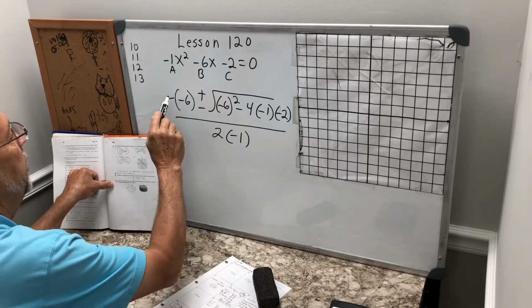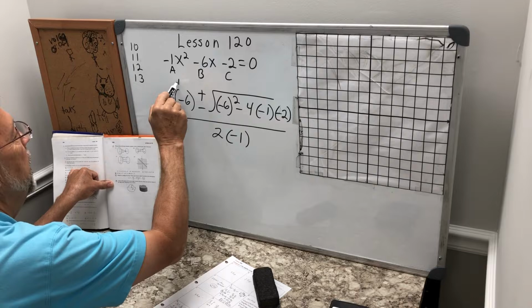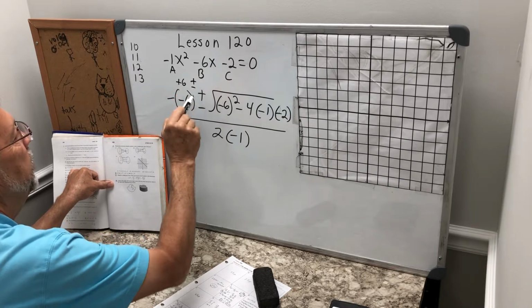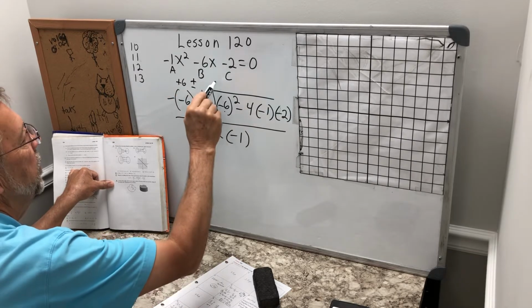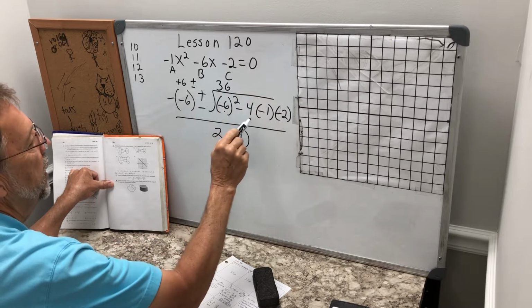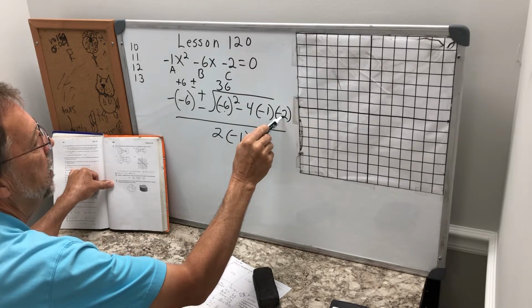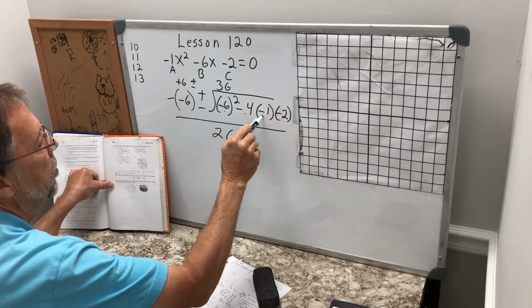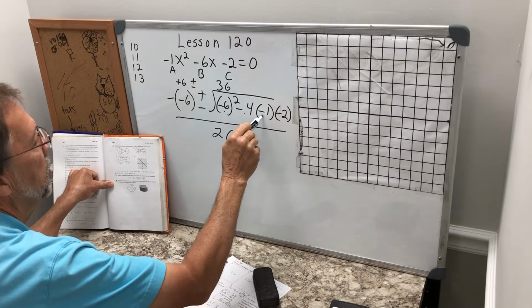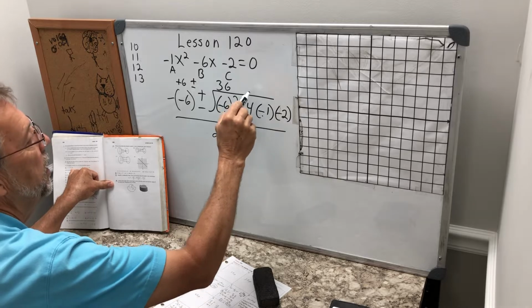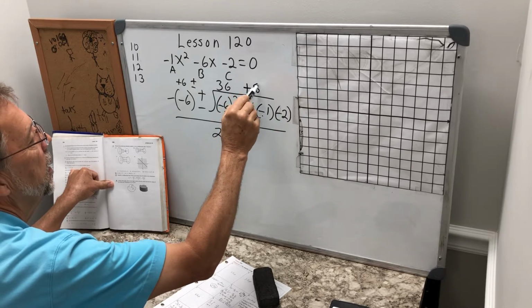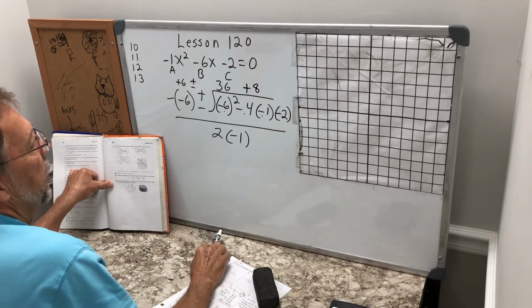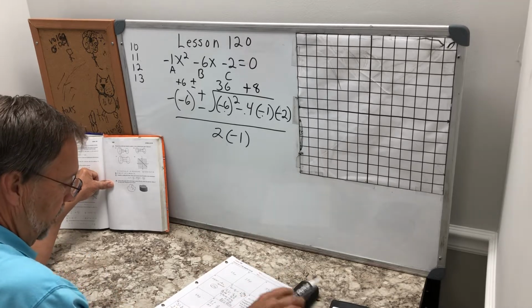So I have the opposite of negative 6, which is a positive 6, plus or minus the square root of negative 6 times negative 6, which is 36, and 4 times 2 is 8. They got 2 negatives, so this is a positive 8.